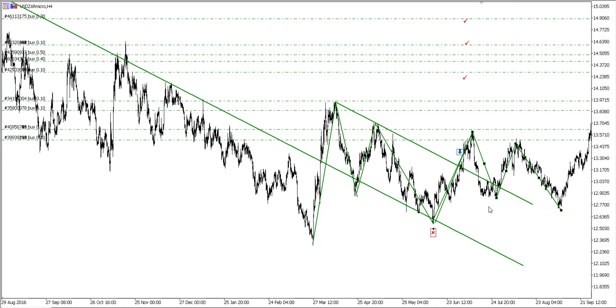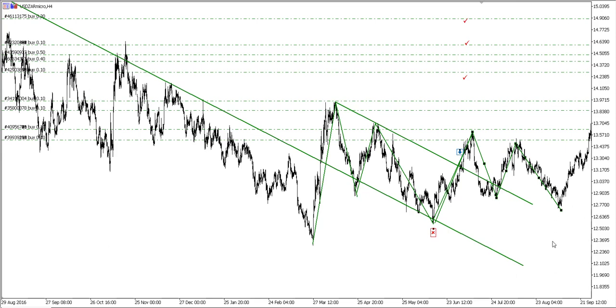So if there were five corrective movements here, instead of A, B, C, they would call it W, X, Y, X, Z. Then they will add a bunch of others.